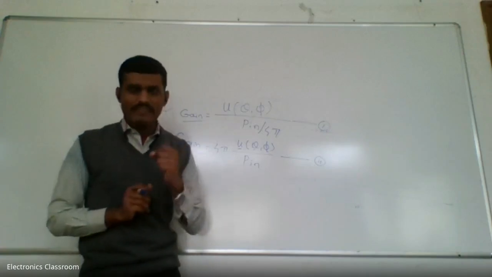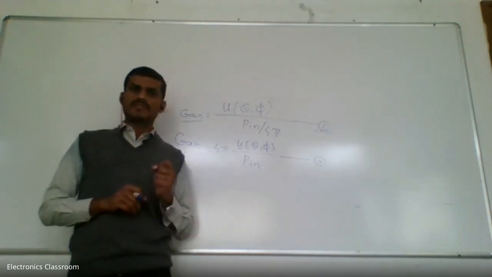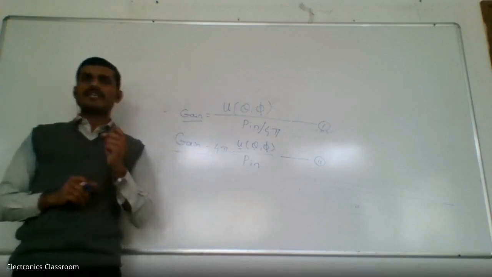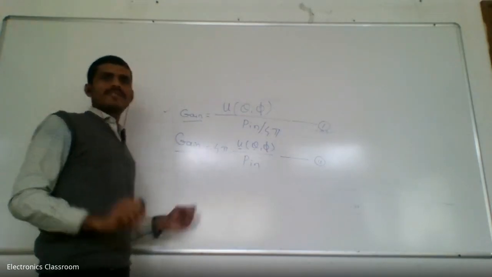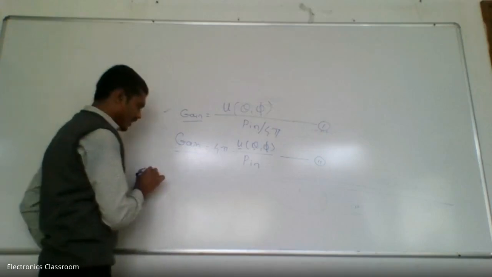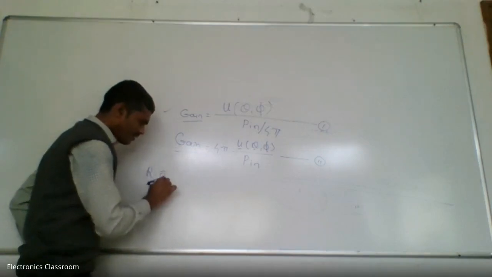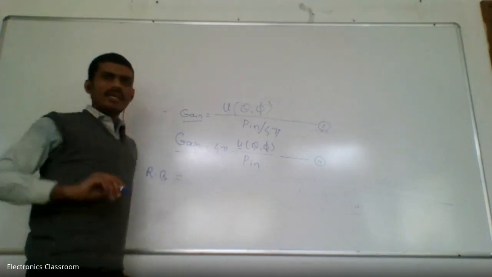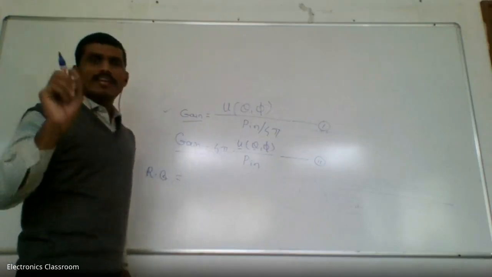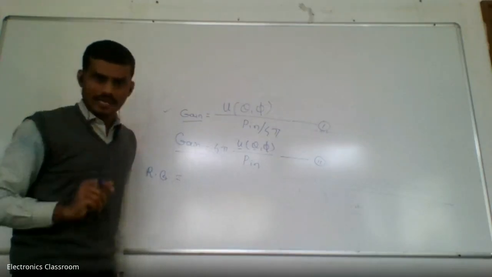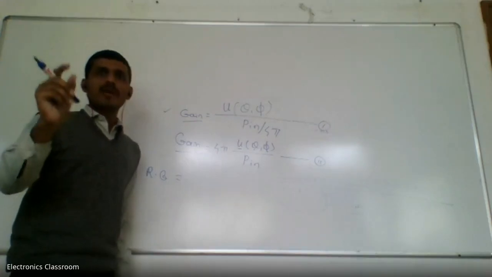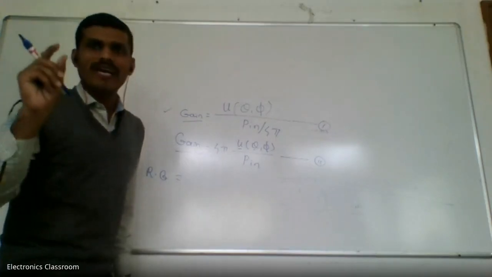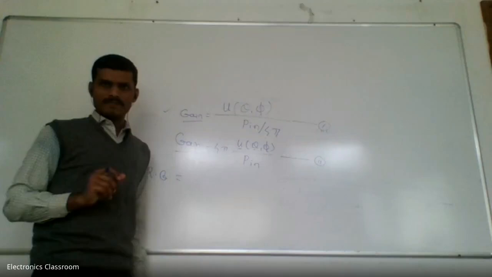See carefully, relative gain can be defined as the ratio of the power gain in a given direction to the power gain of a reference antenna.